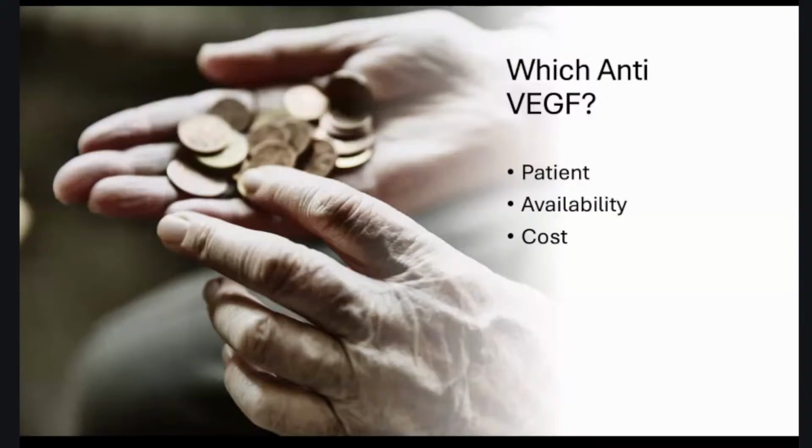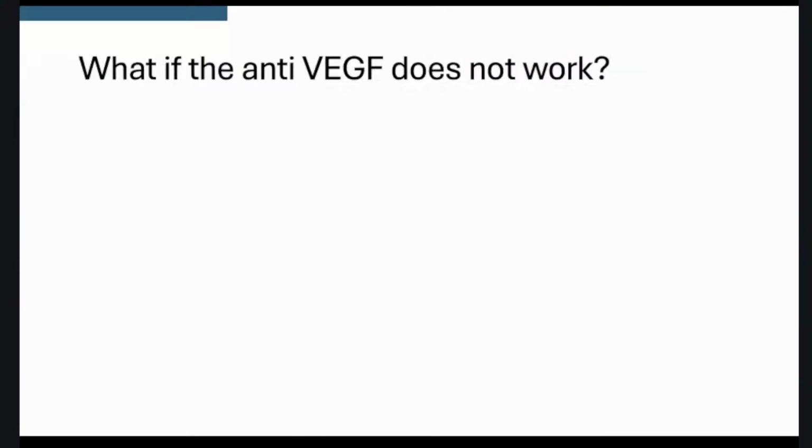If they respond to that agent, you may need to consider continuing with that agent and the cost of that. So it's not always a straightforward answer. There's many things to consider when you make this decision as to which anti-VEGF to use.